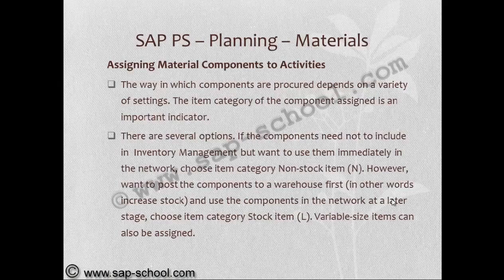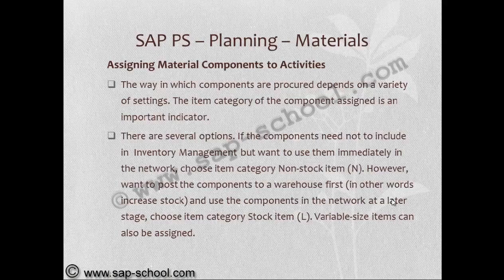That means whatever item we are procuring, we need not consolidate into inventory management and directly want to use it, that is non-stock item. However, if we want to post the components to a warehouse first and use the components in the network at a later stage, choose the item category L.